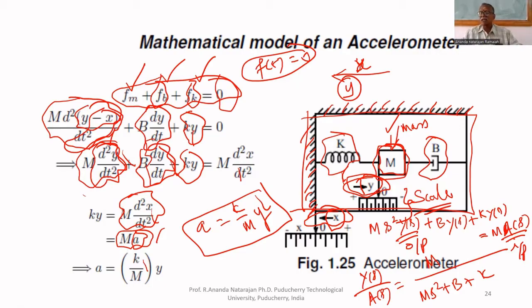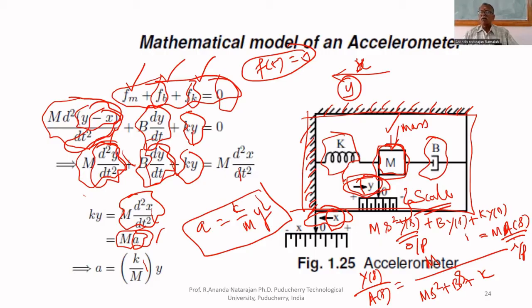The acceleration is varying. Then the mathematical model is Y(s) upon A(s) equal to m upon s square plus bs plus k. This is a second order equation.